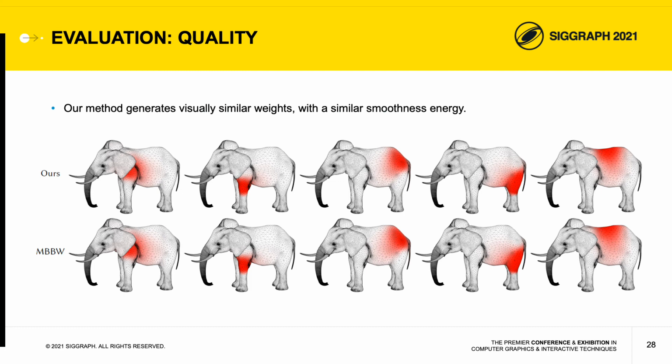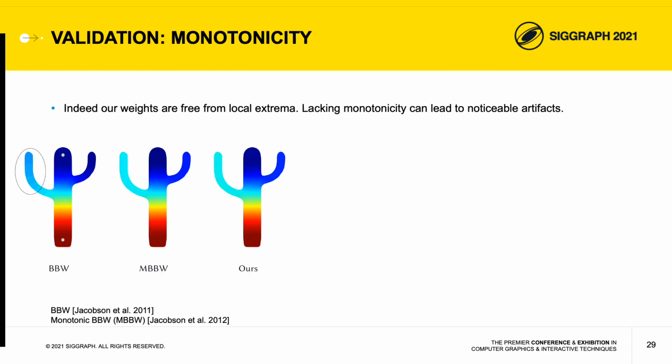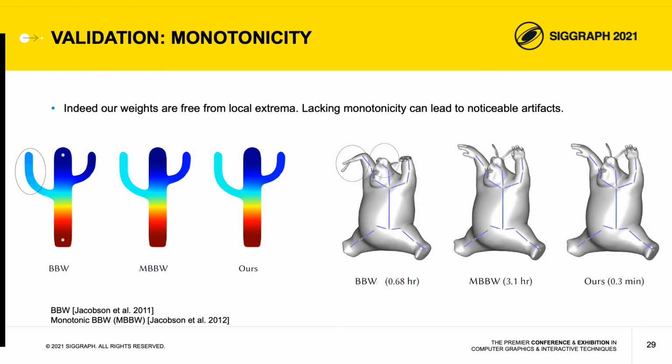It's not very informative as the weights are quite similar. As a validation, indeed our weights are free from local extrema. Our weights are more similar to the monotonic bounded biharmonic weights than the regular one, when the monotonicity constraints become active. As I mentioned at the beginning, weight monotonicity is really an important property.